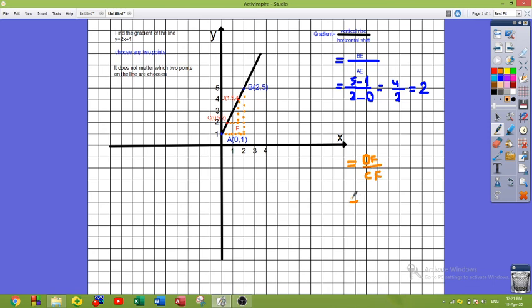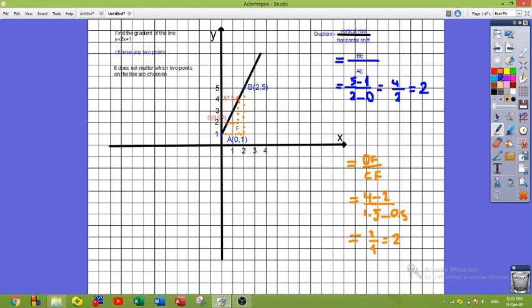It will be equal to 4 minus 2 over 1.5 minus 0.5. That is 2 over 1, so the result is 2.